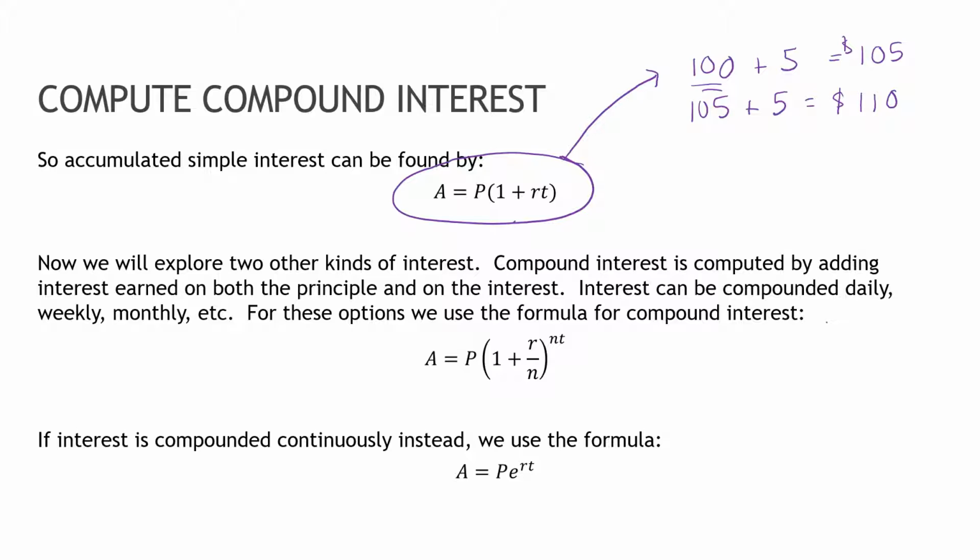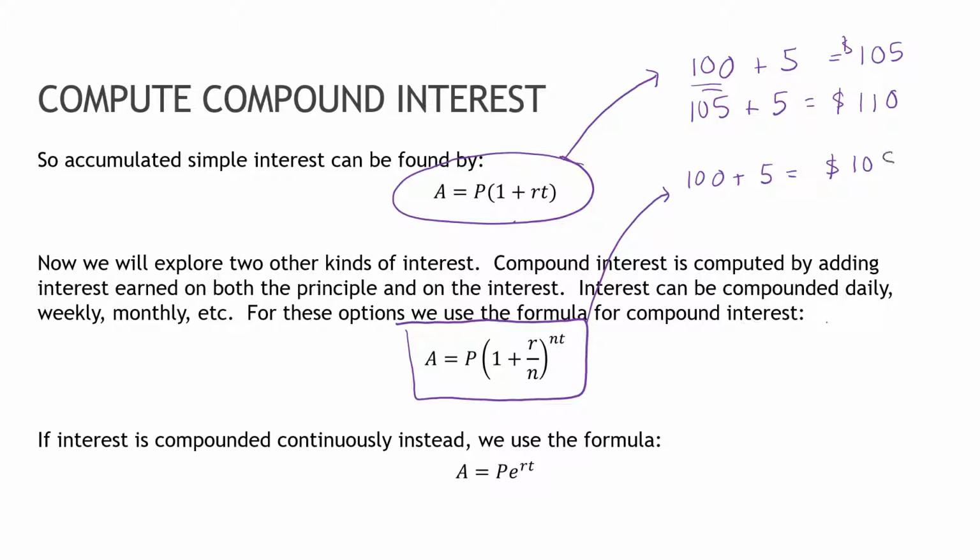Now if I have interest that is compounded, this is the formula I'm going to use for most compound equations, whether it's daily, monthly, quarterly, yearly, etc. But let's understand what compound interest is. Using this same idea, let's say I put in my $100 and I gained that $5, and let's say it's annually, so once a year.